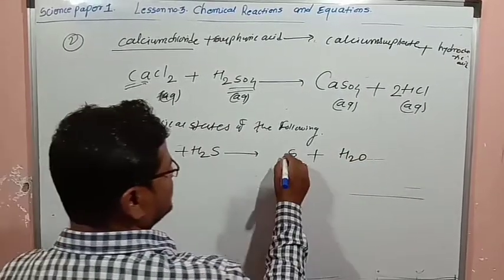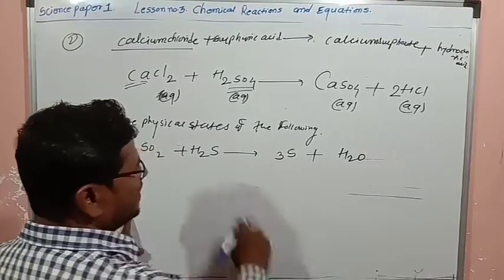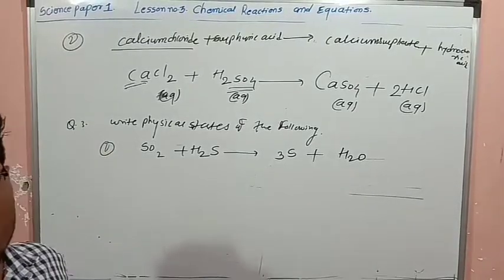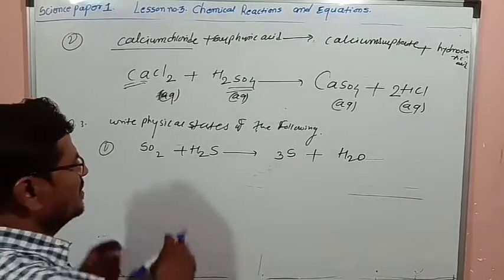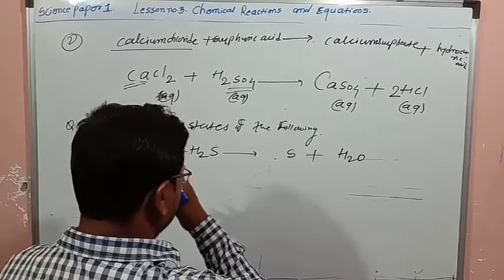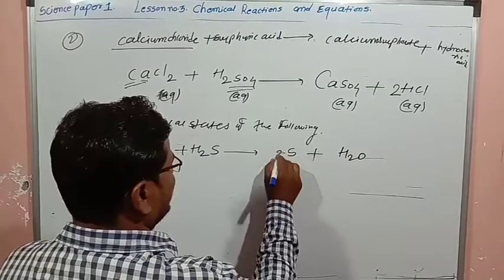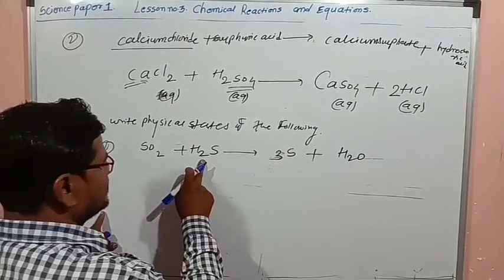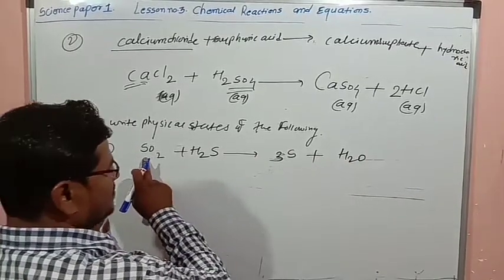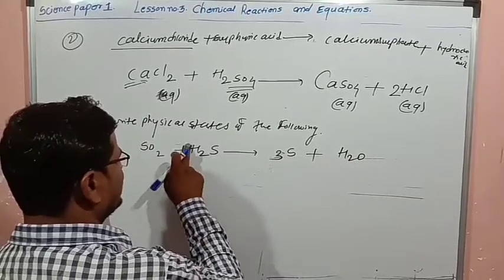So 3 S is given. Hydrogen, how many are there? 2 are there here, hydrogen 2, and here sulfur 1.